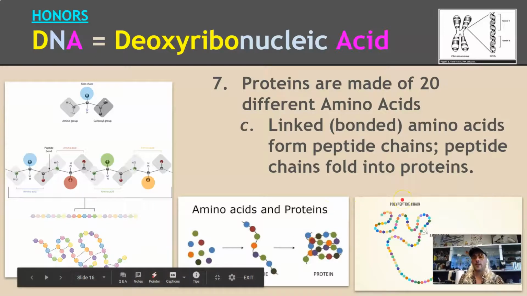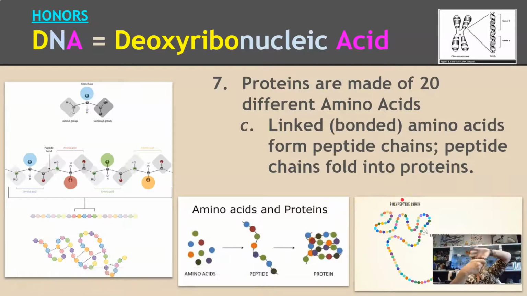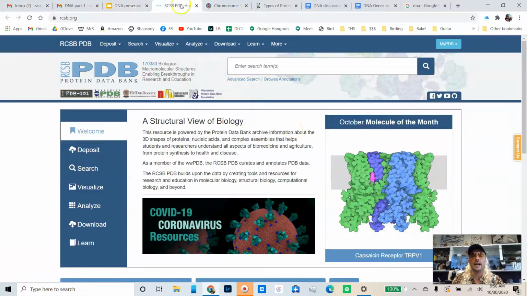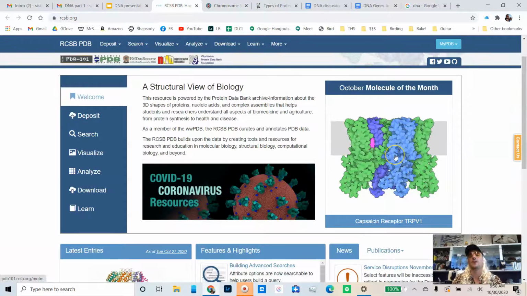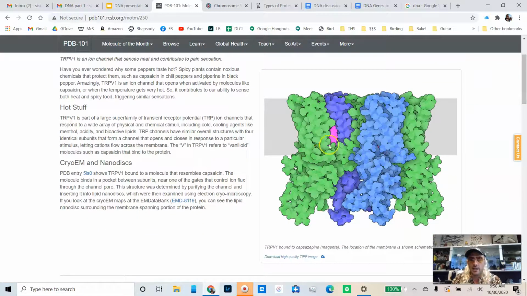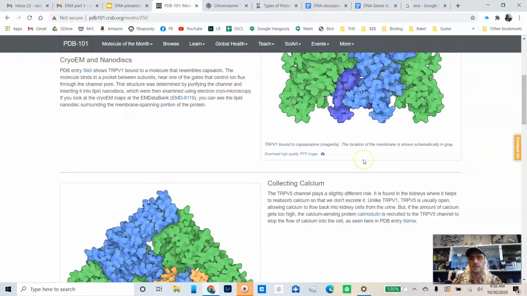And when that peptide chain folds, you take that long string and fold it into a specific shape, that is where you get your specific proteins. Proteins have specific shapes for the jobs that they do. If you want to look back at this Protein Data Bank, what they're mapping here, in this model, each of these little knobs that you see is a different amino acid, and then it's folded into this complex protein shape.